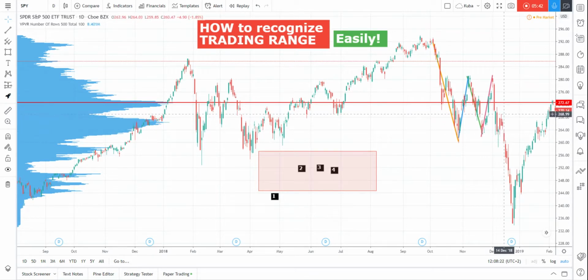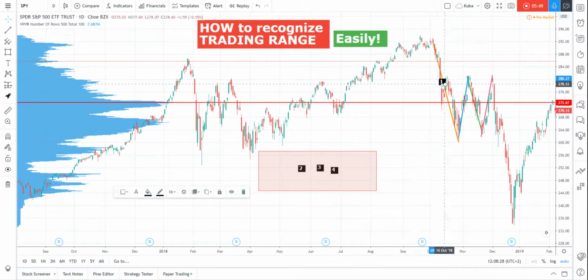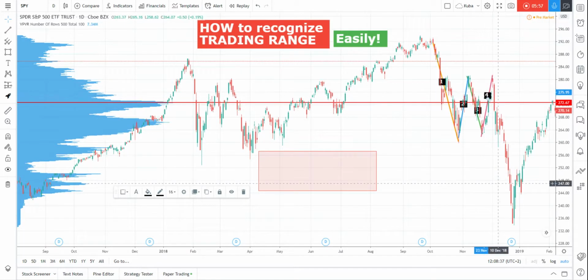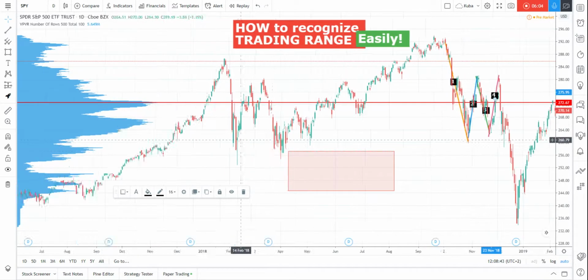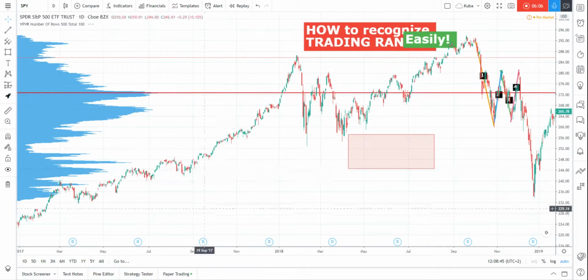There was a small retracement. So again, we need 4 legs: 1, main trend, move against, move in the direction of the trend, and number 4, again move against the major trend. It's a short trend here. Market was going lower.